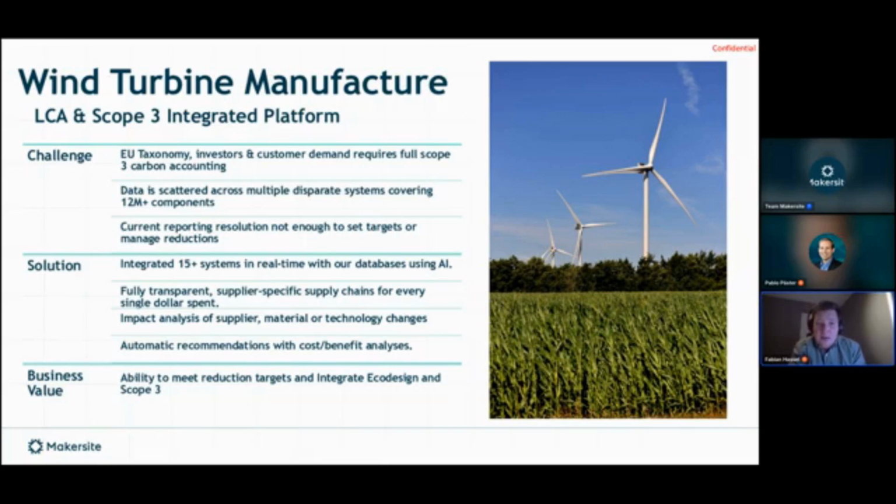This is practically the technical forecast system you're looking into, with automated recommendations to support a cost-benefit analysis for the products. In the end, this sums up to the ability to meet reduction targets and integrate eco design and scope 3 into one and the same technical platform, reporting and analysis tools.